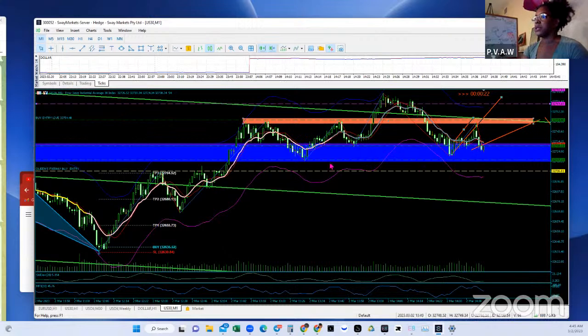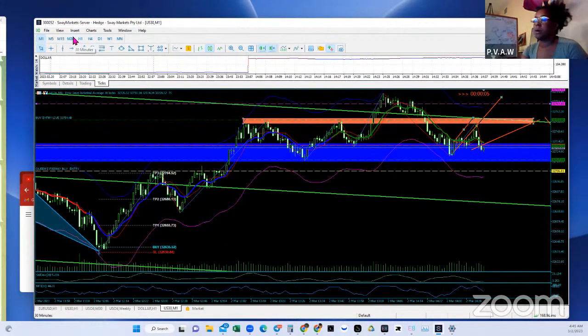But it did create the head and shoulders. So if it does, it'll break down, go a little lower, and it can make a new pattern from there, or we can keep going down. So we got to be patient. So I'm going to go back to M30 where we were. You guys keep an eye on that.